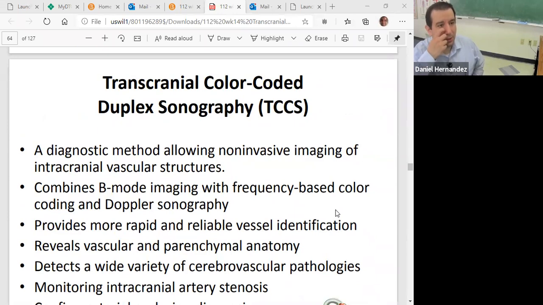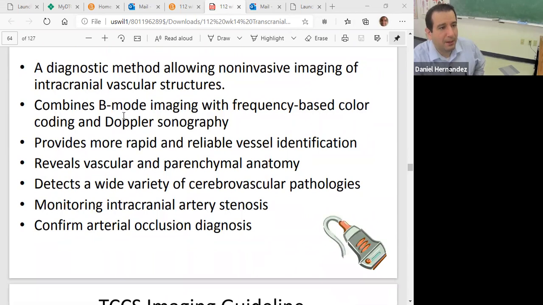So now we get into our transcranial color-coded duplex sonography, or TCCS. This is a diagnostic method allowing non-invasive imaging of the intracranial vascular structures. It combines B-mode sonography with frequency-based color coding and Doppler sonography.